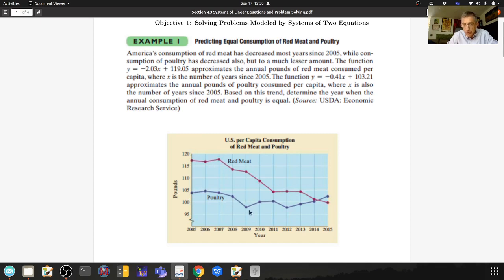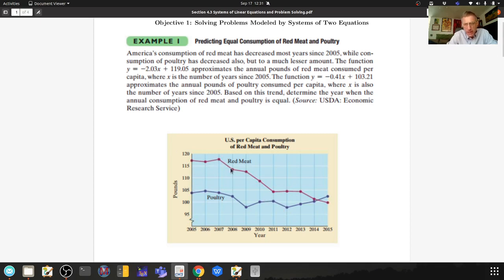And the same is true for the poultry. We assume that it can be approximated by a linear function, and statistics allows us ways to create the best fit linear function to these given number of points. And this is actually what they've done.